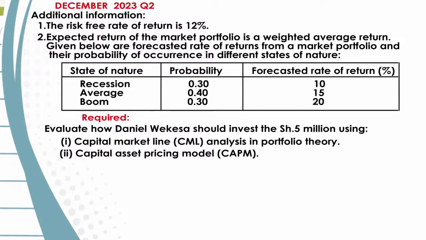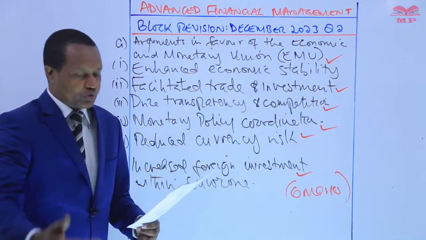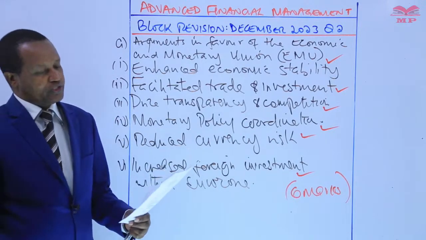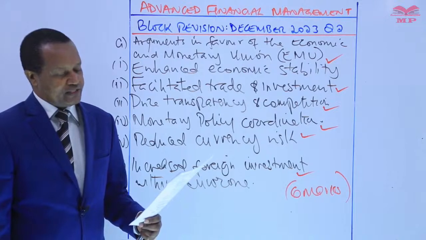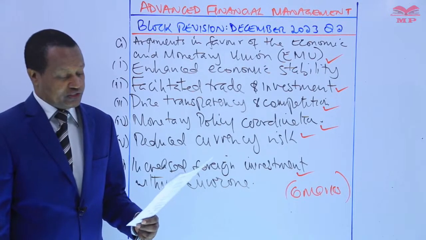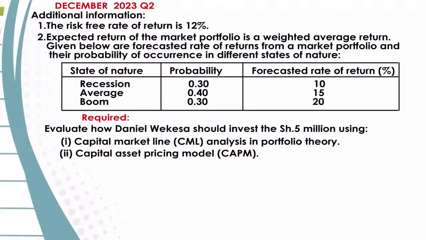That is the question. I want you candidates to go through the question again on your own, then go through it another time so that you understand the question well. And the question tested the candidate's knowledge on 2 things: the capital market line and the capital asset pricing model.